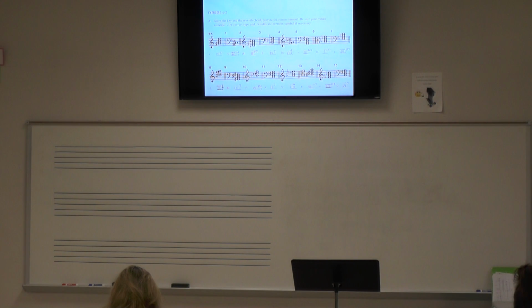Number 4 is a minor 6 Roman numeral with the bass position symbol 4-2. Number 5, capital 3, M7. Number 6, capital 1 with an M7. And number 7, capital 6 Roman numeral with an M7.